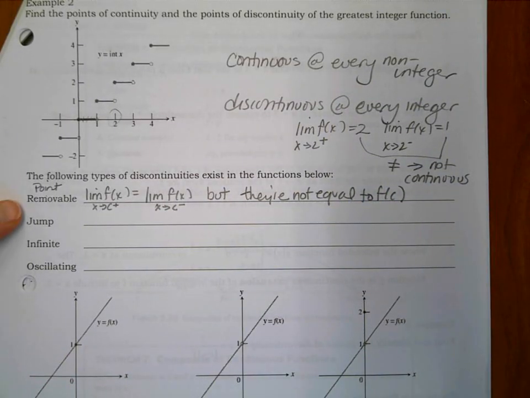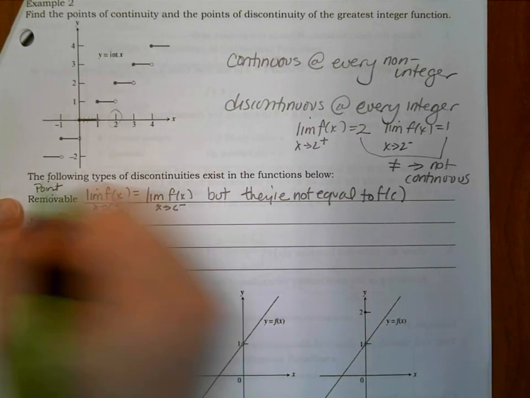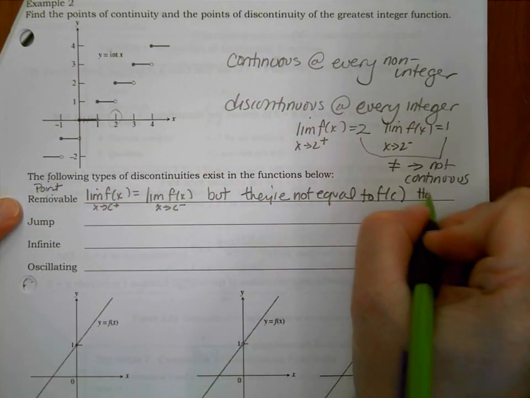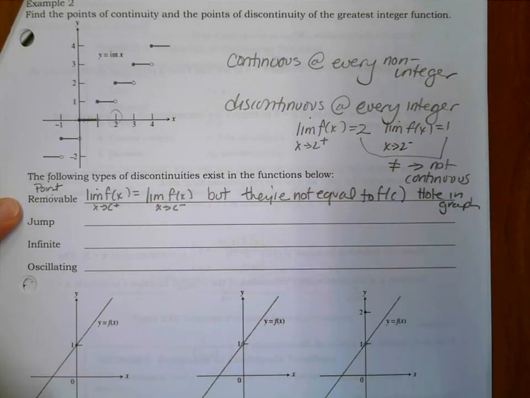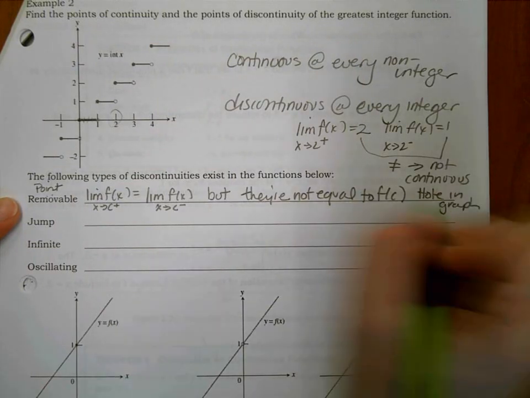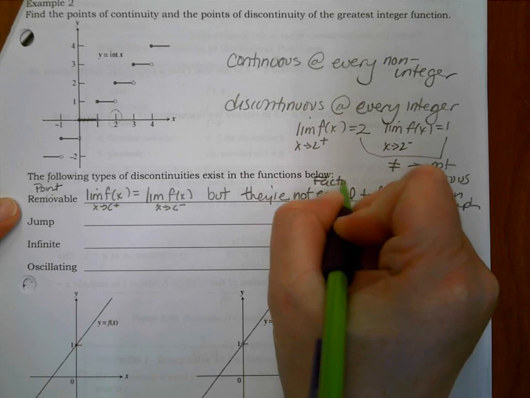And when we talked about these before, a point discontinuity also would give us a hole in the graph. And if you could factor anything, the factors would cancel.